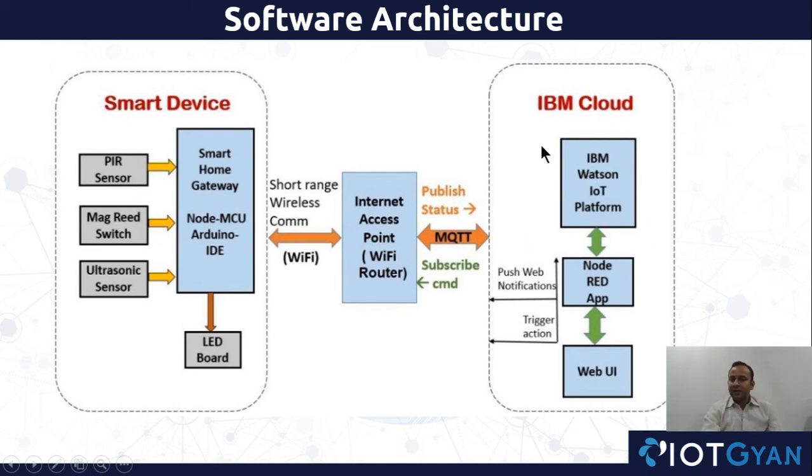I am using the IBM Watson IoT platform as a cloud service to collect the real-time status information of all of these sensors. Once I have all the information at the cloud level, I can either see it in the visualization dashboard, which is an integral part of my Watson IoT platform, or see the same information in the Node-RED tool, which comes internally connected with my IBM Watson IoT platform when I create a boilerplate application.